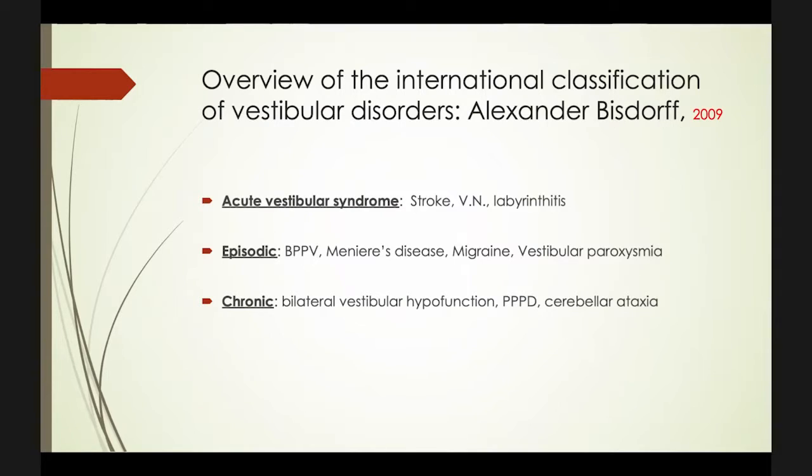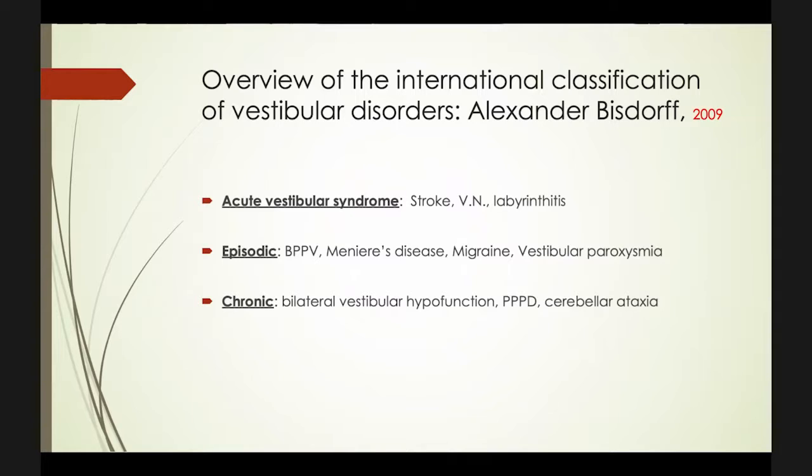There is a study done by Alexander Bisdorff in 2009, according to the overview of the international classification of vestibular disorders. It could be acute vestibular syndromes, episodic, or chronic. So they make these three classifications. Acute, like stroke, vestibular neuritis, or labyrinthitis.